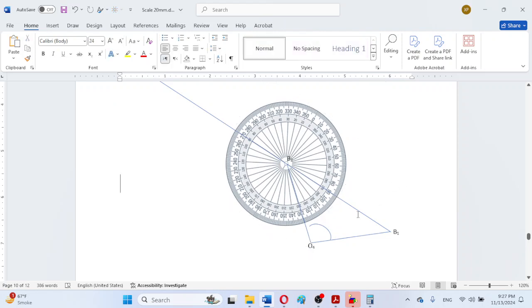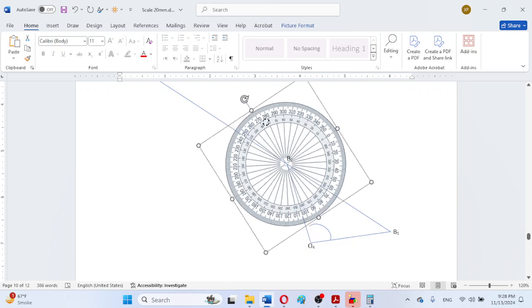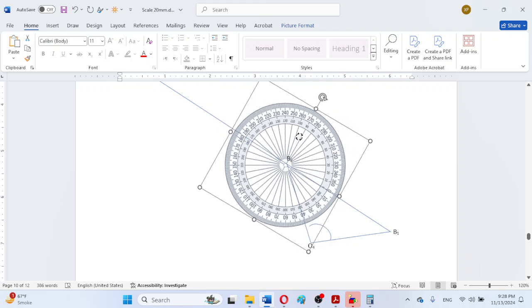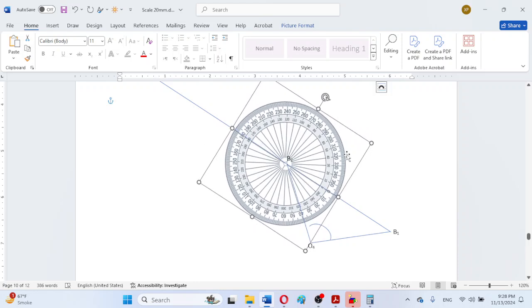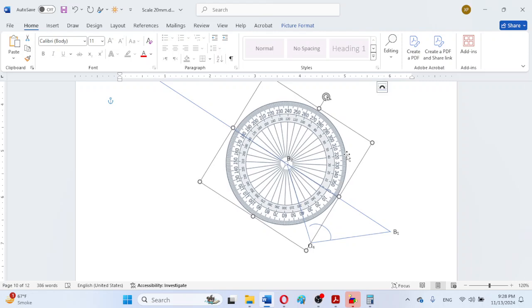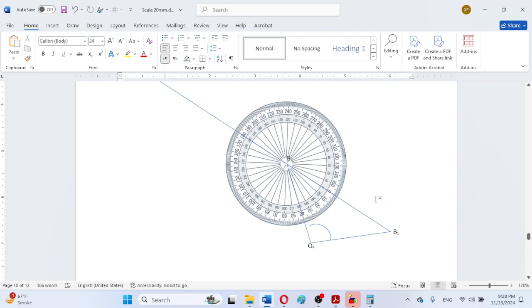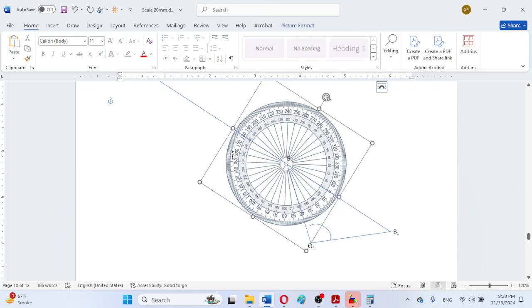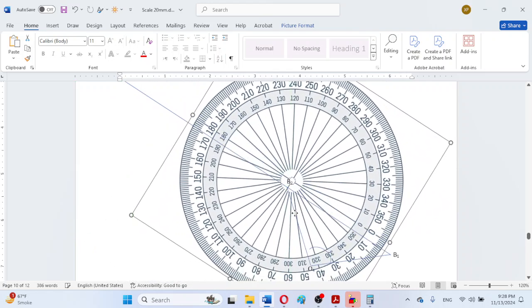So the 0 line is here, like this. Again, here like this, it is on the 0 line. So now we can resize it according to 10 centimeter.